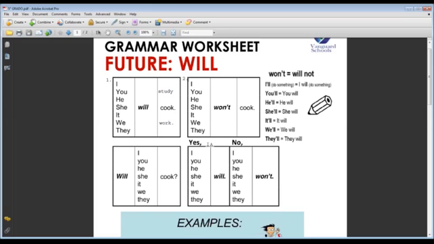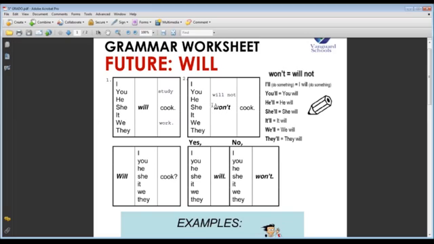Now, in number 2, we have the negative form. For the negative form, we have to use won't. Okay? Won't. Won't is the contraction of will not. I'm going to repeat. Won't is the contraction of will not. Okay, this is the negative form for the future will.